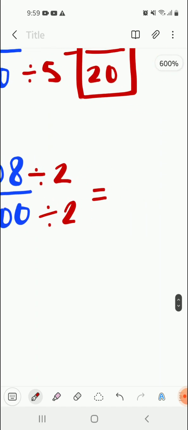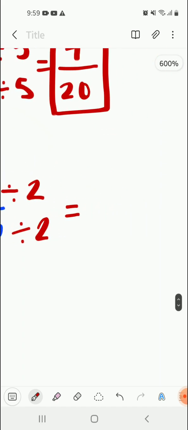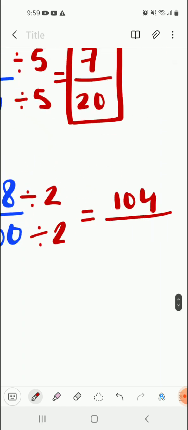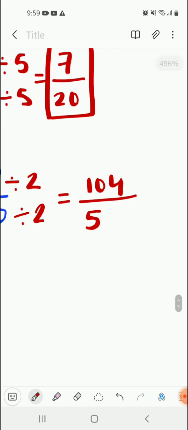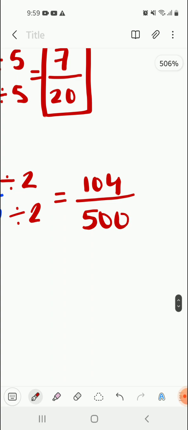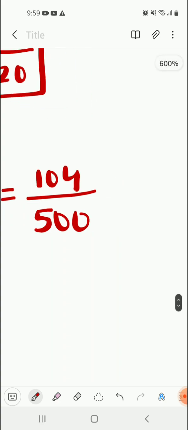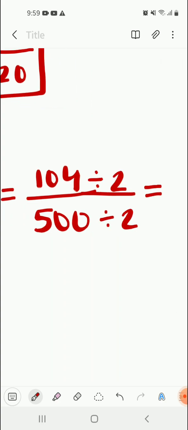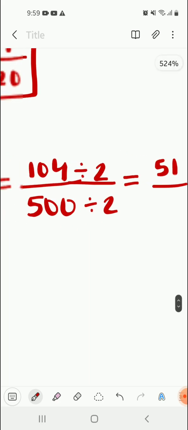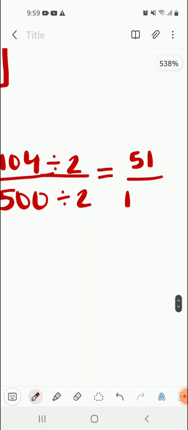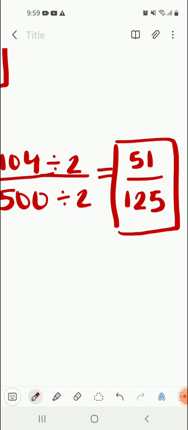Dividing both, we get 208 divided by 2 is 104, and 1000 divided by 2 is 500. Again, it's possible for us to divide the number further. So 104 is further divisible by 2. 104 divided by 2, we get 52, and 500 divided by 2, we get 250. So this becomes our answer in the reduced form.